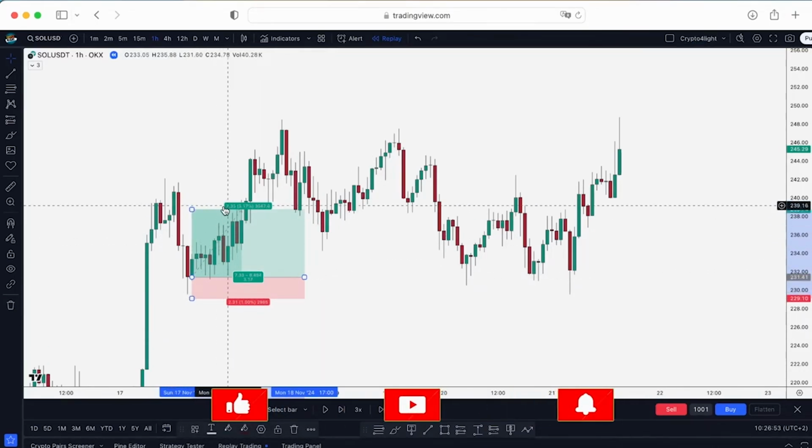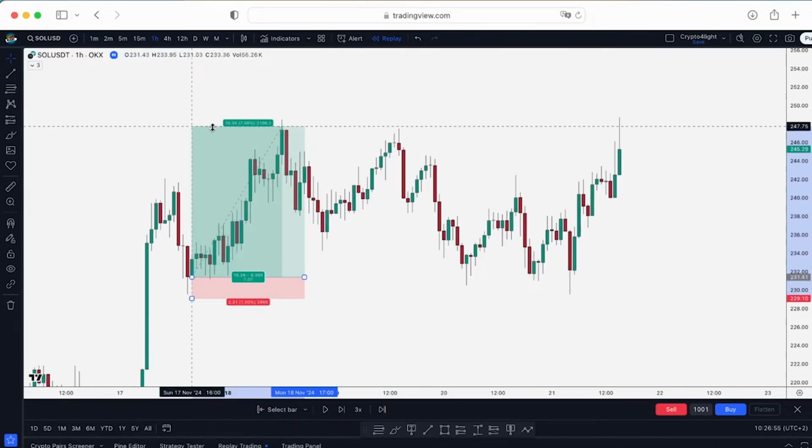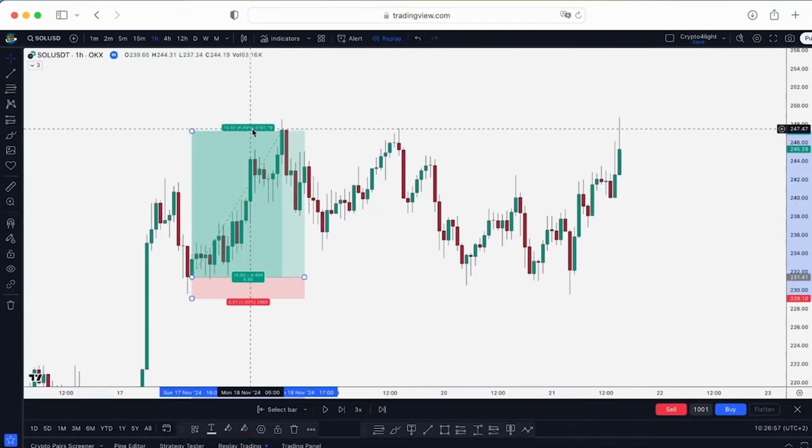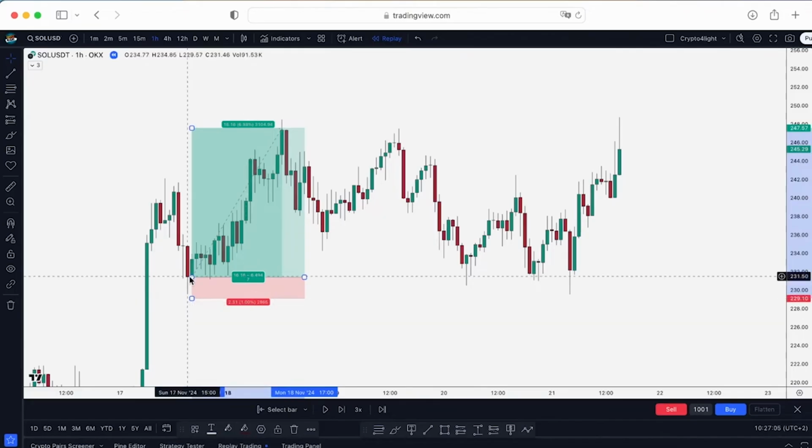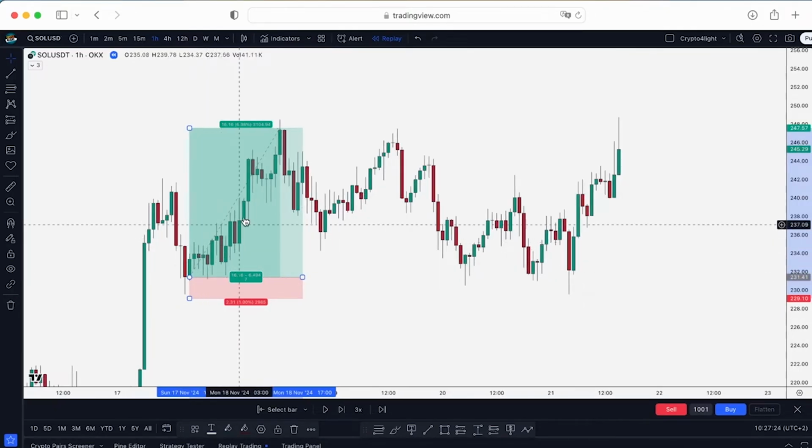Someone adds a stop loss and right to the top, for example, fixed almost 7% profit here with a 1% stop loss. Someone's short position is the liquidity and the fuel to push the price higher. Orders, stop losses, shorts, triggered, become the fuel for longs, and vice versa.